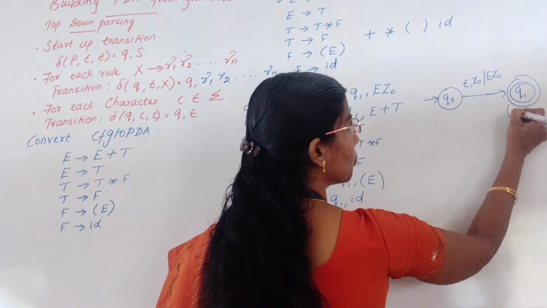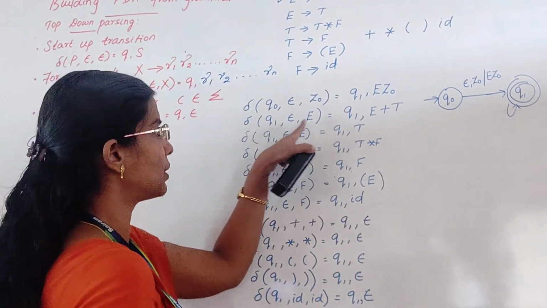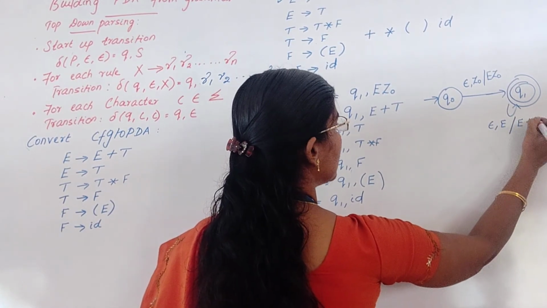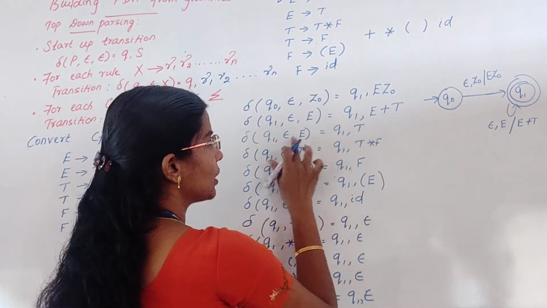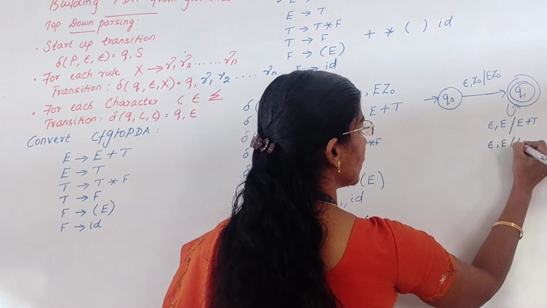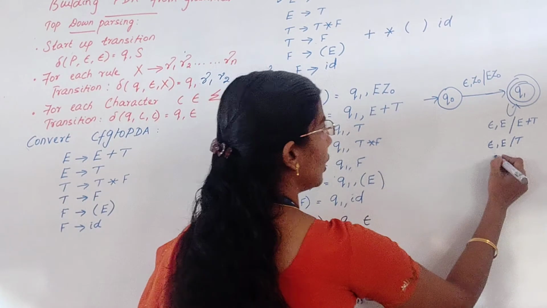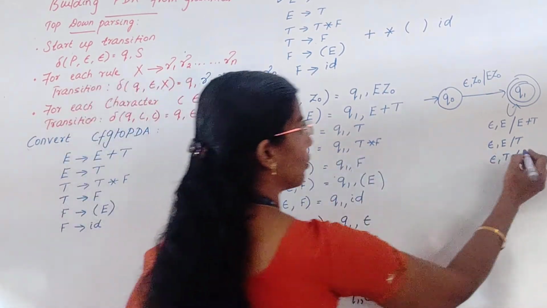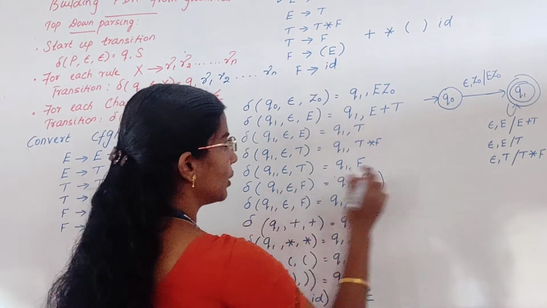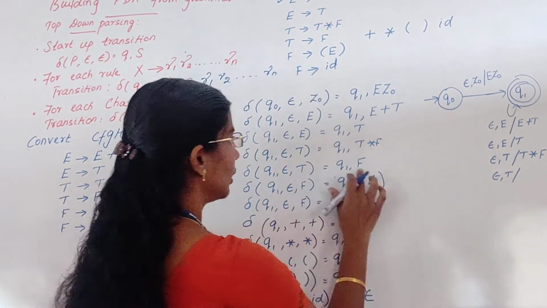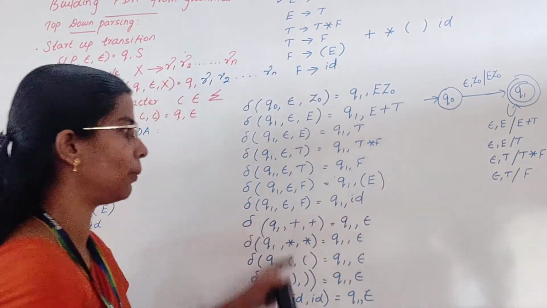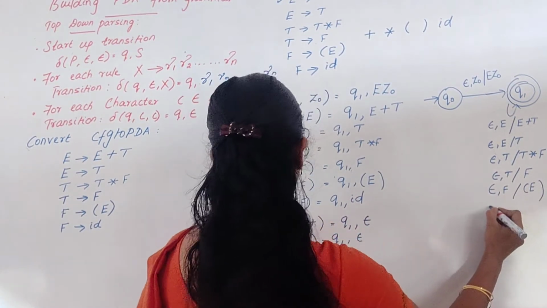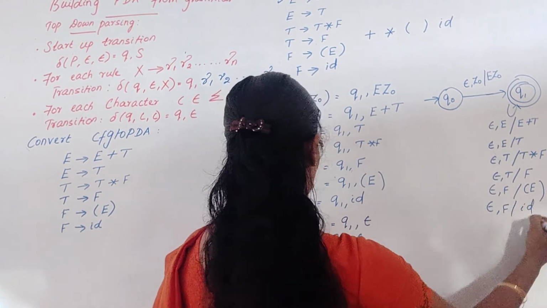So here, epsilon, comma, E, slash, E plus T. Then epsilon, E, slash, T. Then epsilon, T, slash, T star F. Next epsilon, T, slash, F. Next is epsilon, F, slash, E in parentheses. Next it is epsilon, F, slash, ID.